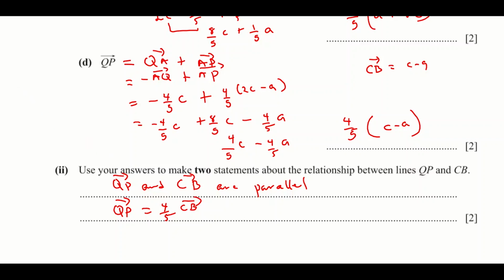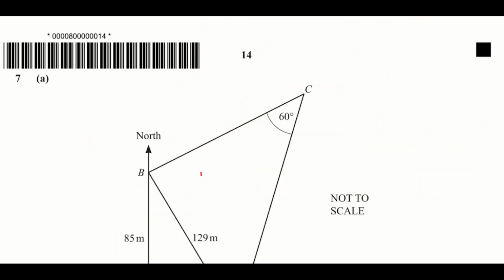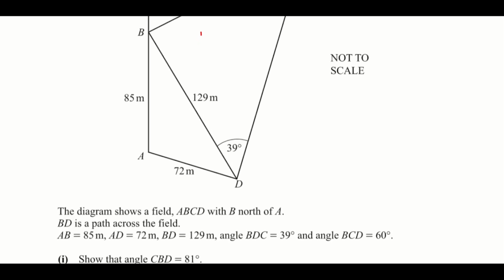Okay, so let's go to the next question. That will be question 7. Question 7a. The diagram shows a field ABCD with B north of A. BD is a path across the field. AB equals 85 meters and AD equals 72 meters.